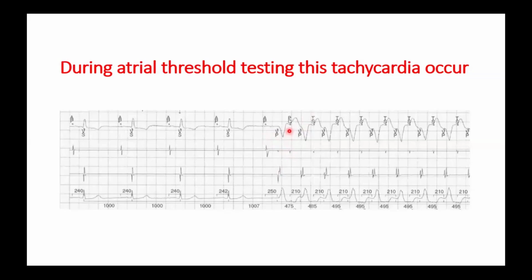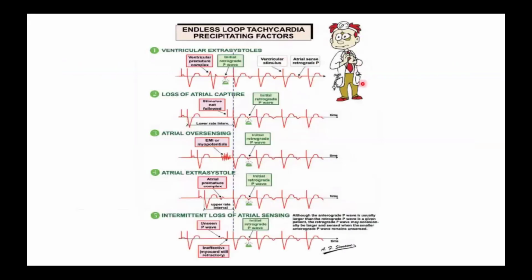The device considered it a PVC, retrograde conduction, which starts the PMT. What happened here is that the atrium didn't capture the ventricle, and the V pacing started a retrograde conduction. Here are the different etiologies and the mechanism by which the PMT is initiated.